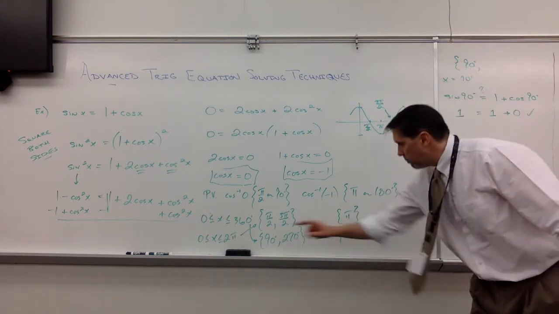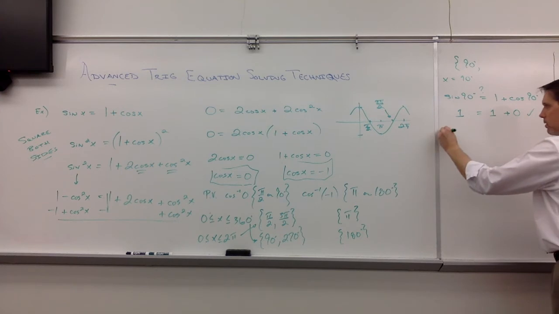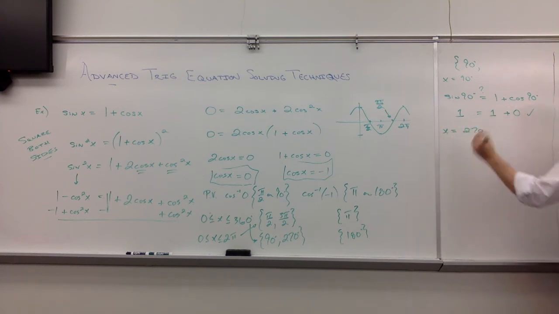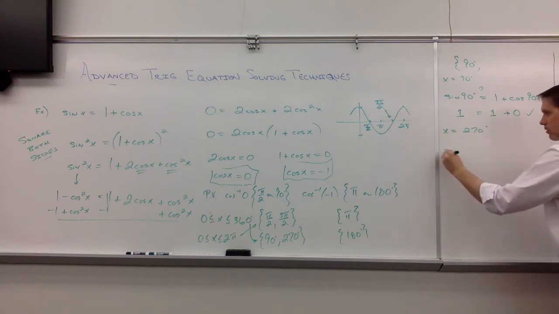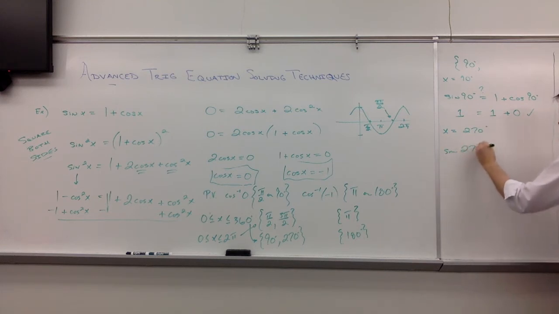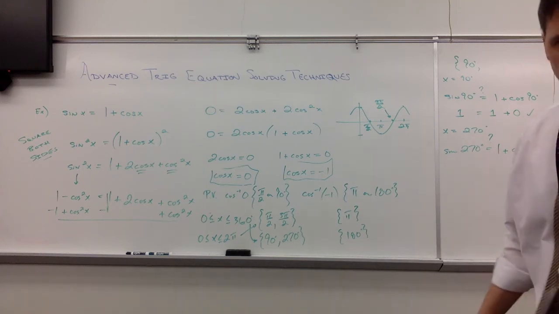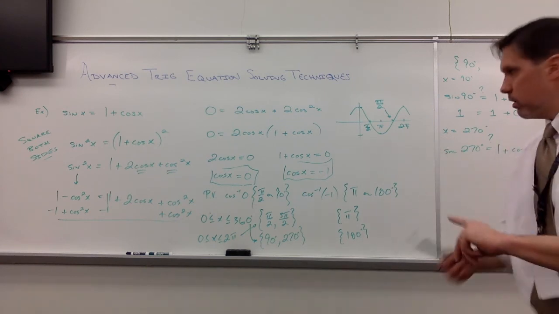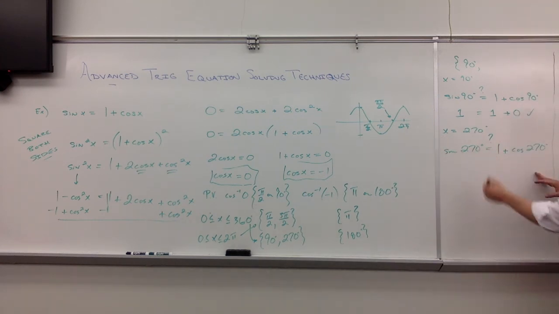Next, step up to 270. So x equals 270. Are you a solution? Well, take the sine of 270. Does that equal, question mark, 1 plus the cosine of 270? Well, sine of 270, oh no. Keep going. Sine of 270, what are you?